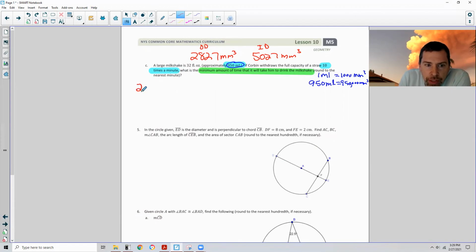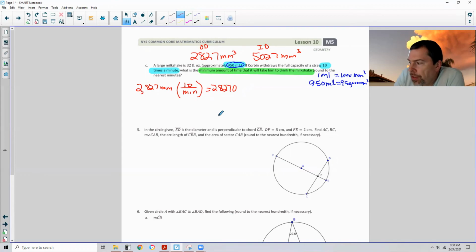So we take 2,827 cubic millimeters times 10 of those per minute, and that is going to equal 28,270 cubic millimeters per minute.